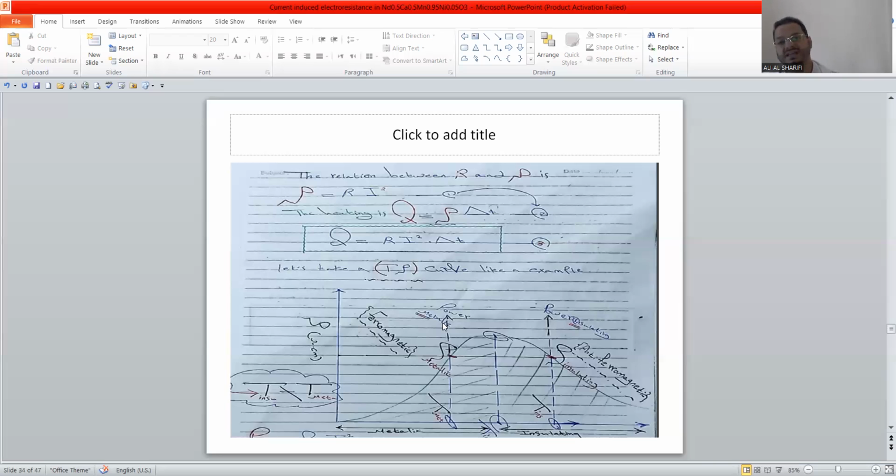Now let's take, for example, two different resistance points at these two different states, isolating and metallic.